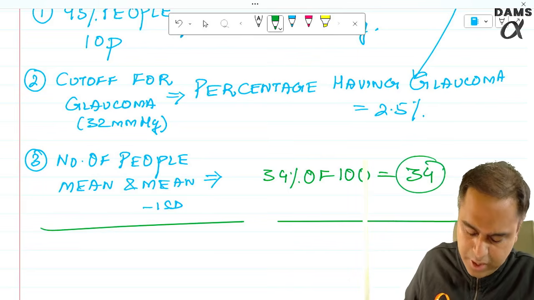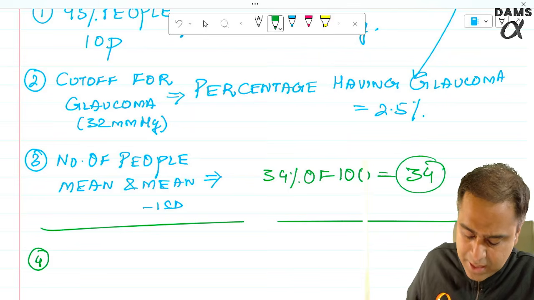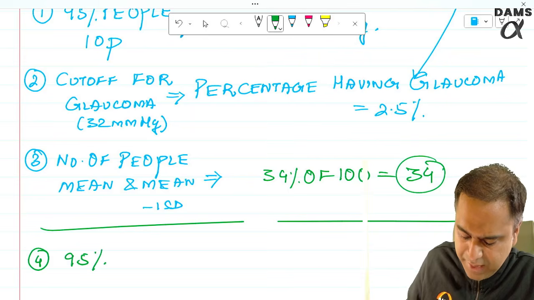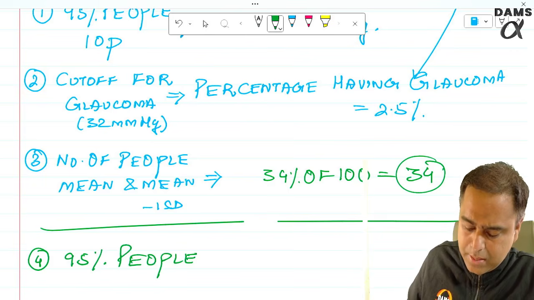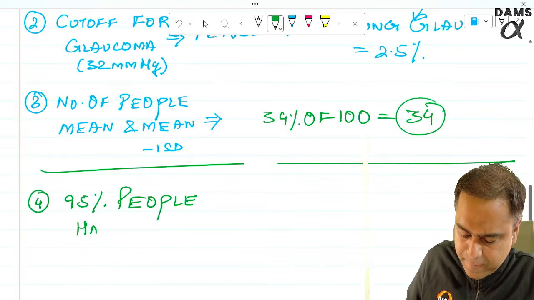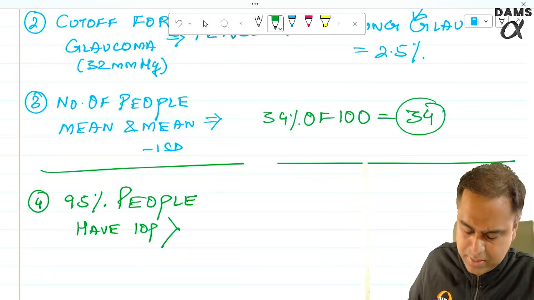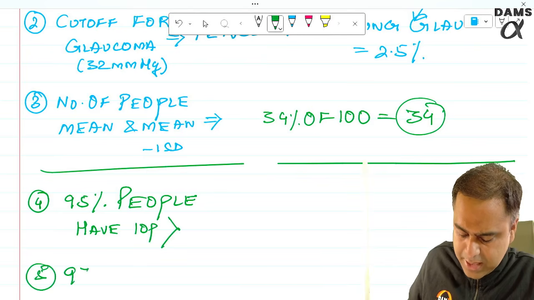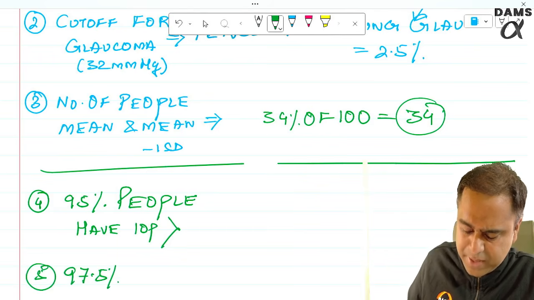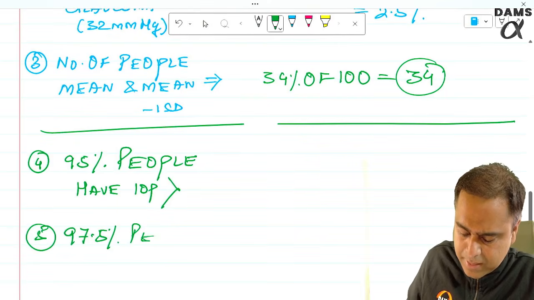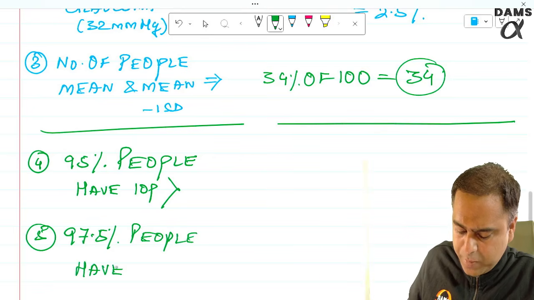Now let us look into the fourth one. If they say 95% people have IOP more than, or they say 97.5% people have IOP more than.